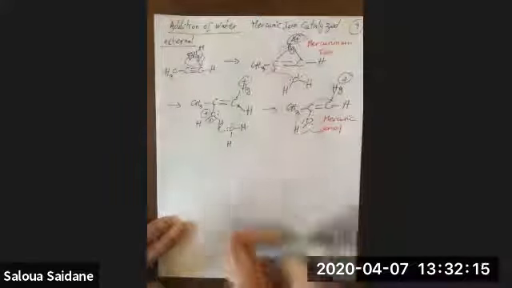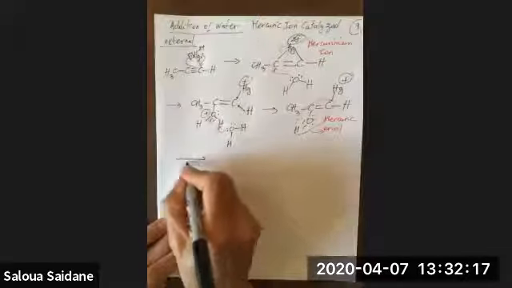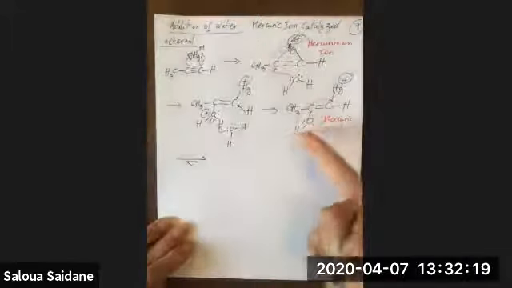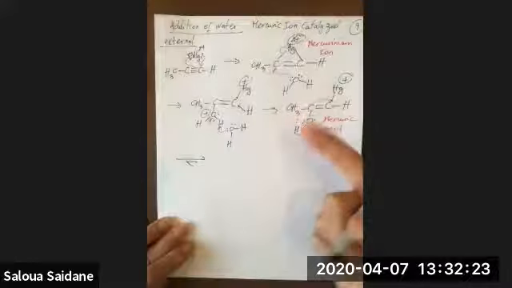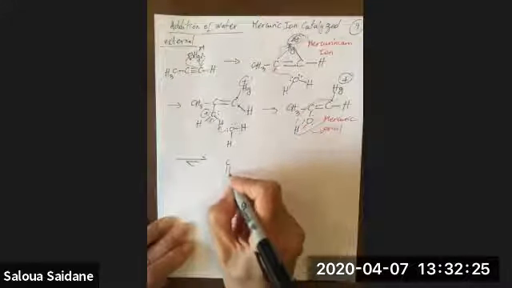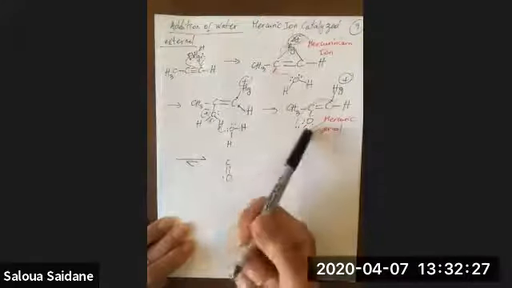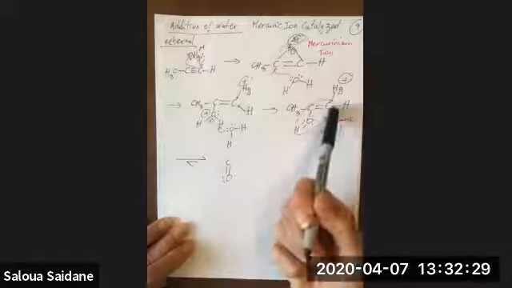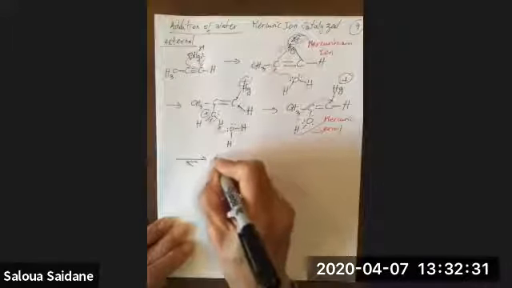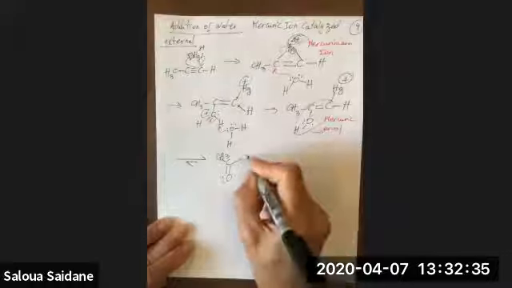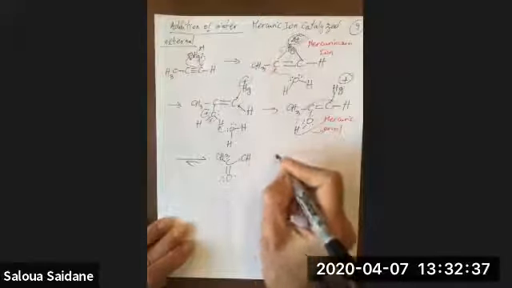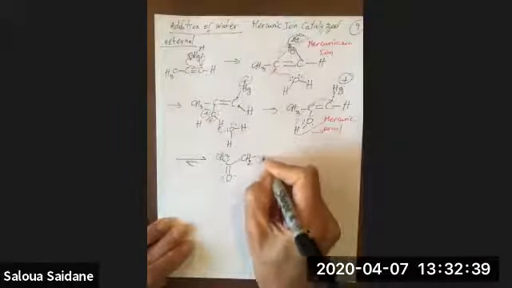Remember, every time you do this, the double bond becomes between C and O. So I have C double bond O. And this H has to transfer there. So here we have CH3. And on this side, we have CH2 and then the mercury.